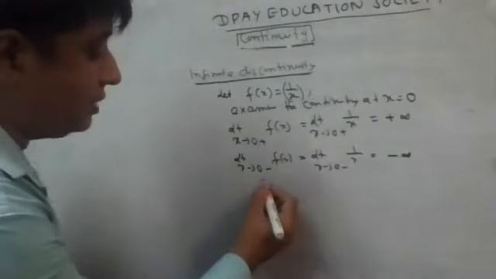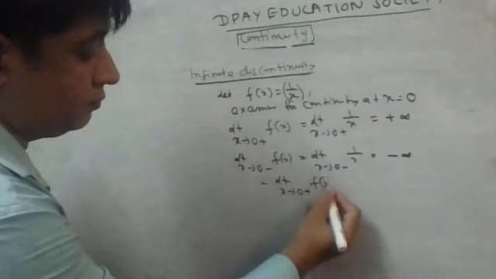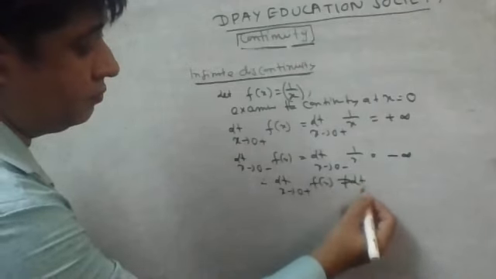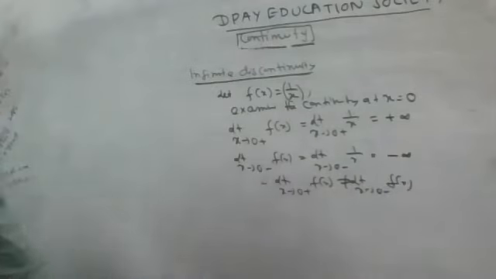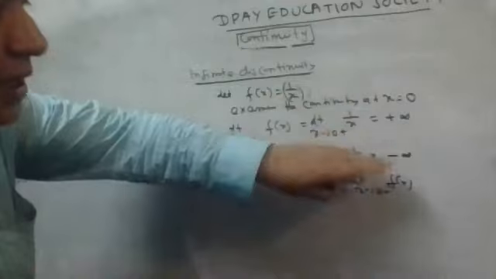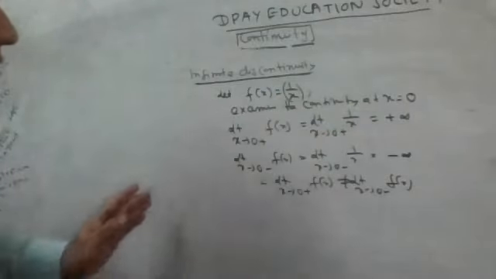So in both cases we have got an infinite value, either positive infinity or negative infinity, and the limit does not exist.